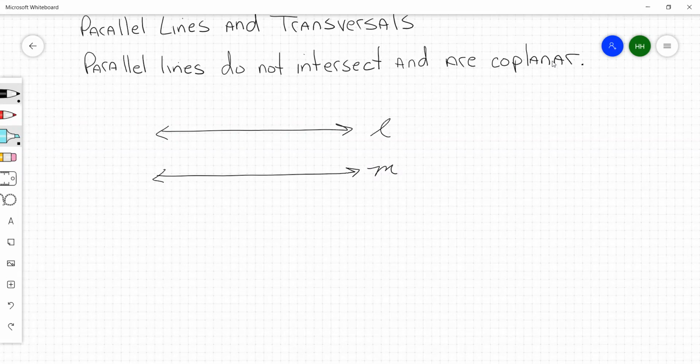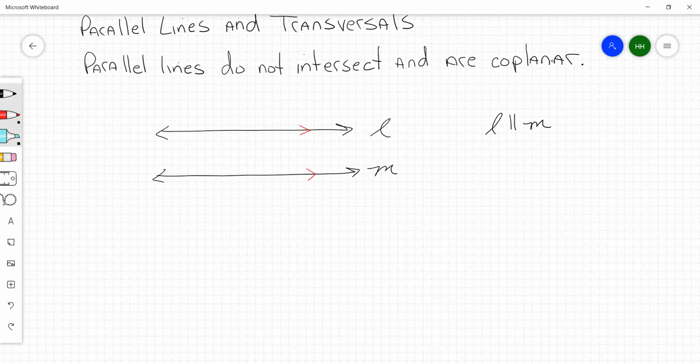And the symbol for parallel, there's a couple different ways to refer to parallel lines. You can say that L is parallel to M. Just two vertical lines right next to each other. That's one way. Another way is if there's an arrow or a red arrow on line L and there's a matching red arrow on line M, it means that the lines are parallel.